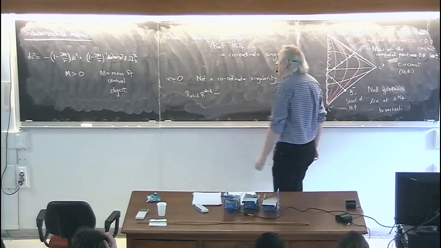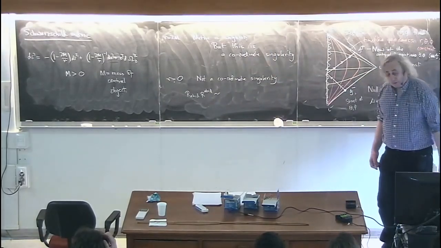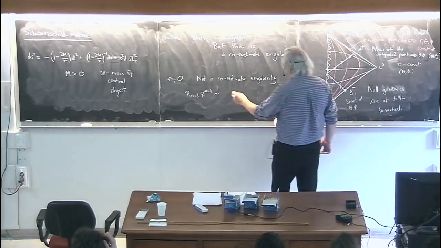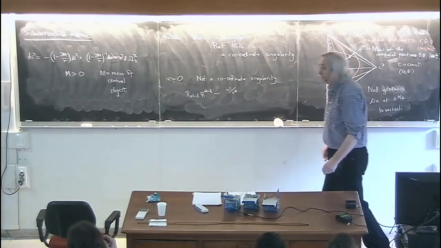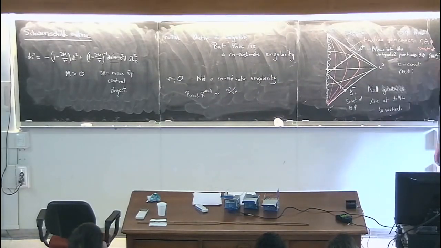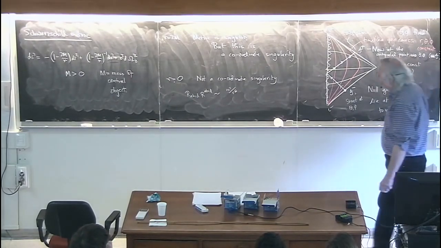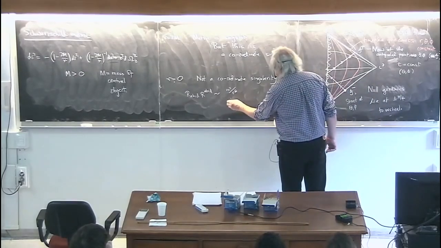And if you evaluate that in the Schwarzschild metric, you will discover that this looks like some number which I can't remember, times m squared over r to the 6th. So that tells you immediately that something terrible happens at r equals 0. The curvature becomes infinite.